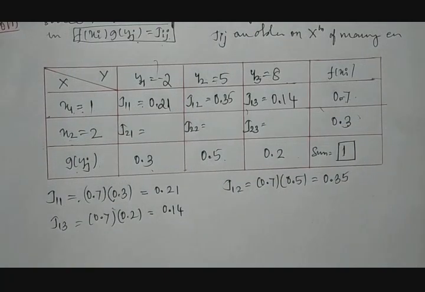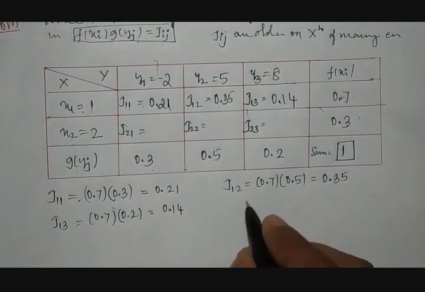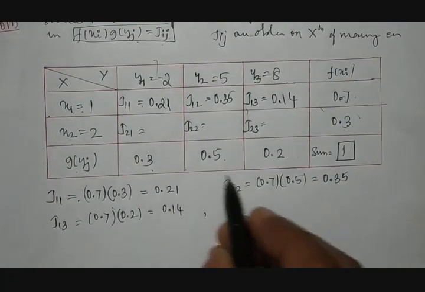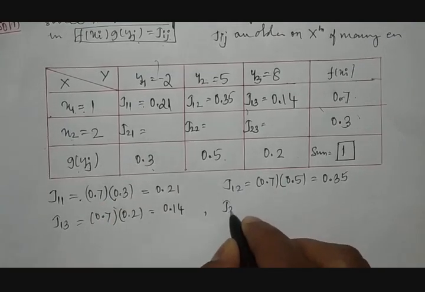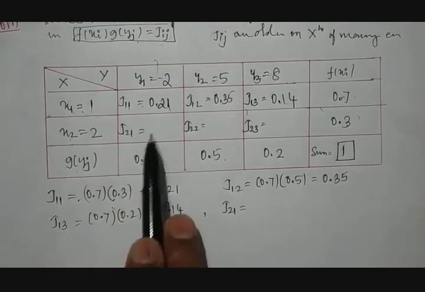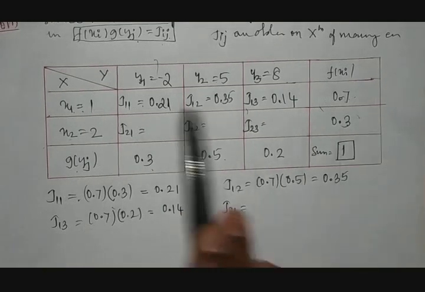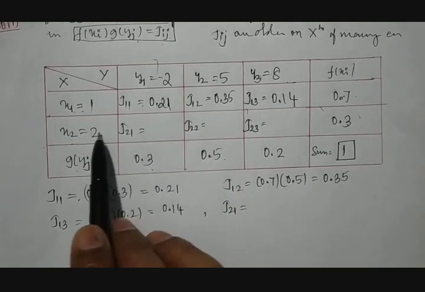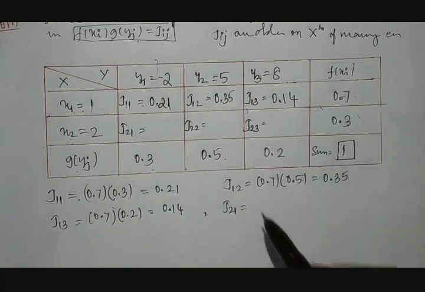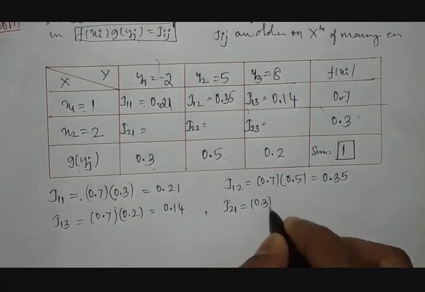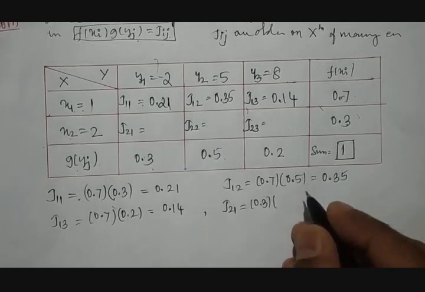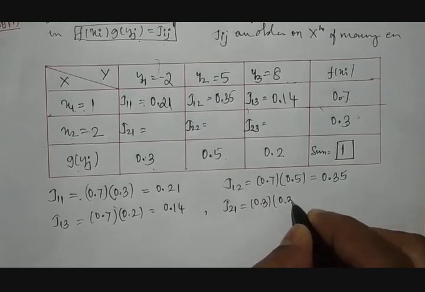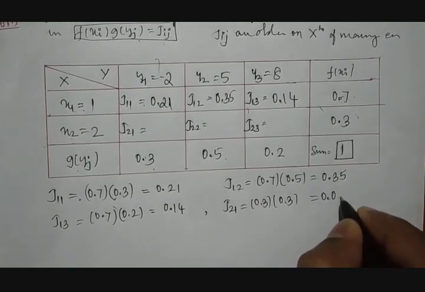Fine. Next, the second row. The second is J21. J21 is of second row and first column, so the product of second row and first column. The second row is 0.3 and the first column is 0.3. Therefore it is 0.09.